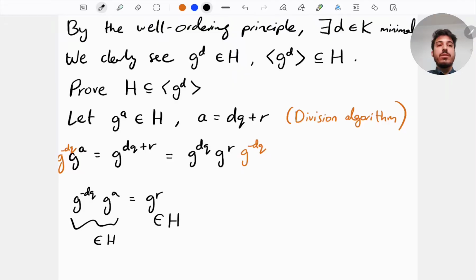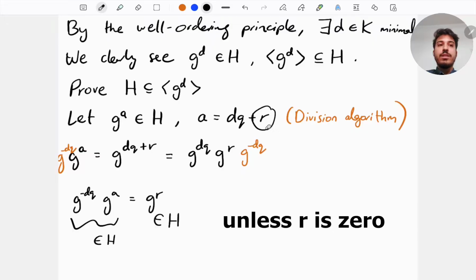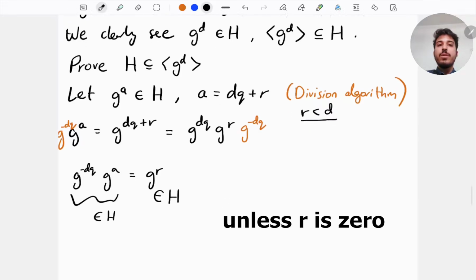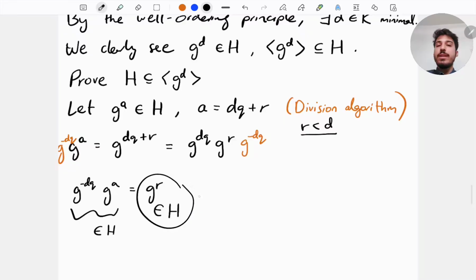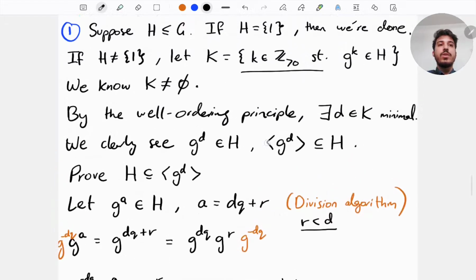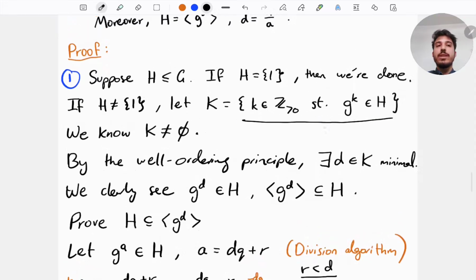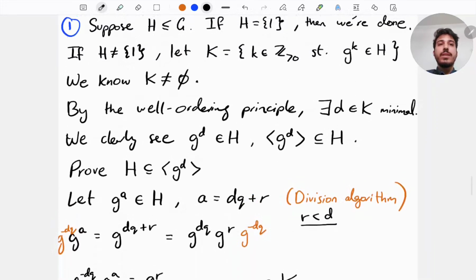So in the division algorithm, when we say that a is equal to dq plus r, the thing about the division algorithm is that r has to be strictly less than d. So r is strictly less than d. But here we've just said that g to the r is an element in H. So this means that r is an element in K. It is one of those integers k such that g to the k is an element in H. But we've just supposed that by the well-ordering principle, d is the minimal element in K, the smallest element.